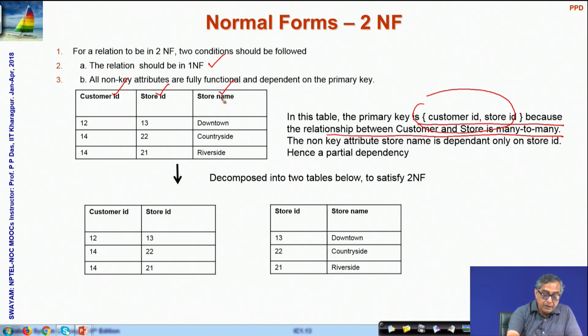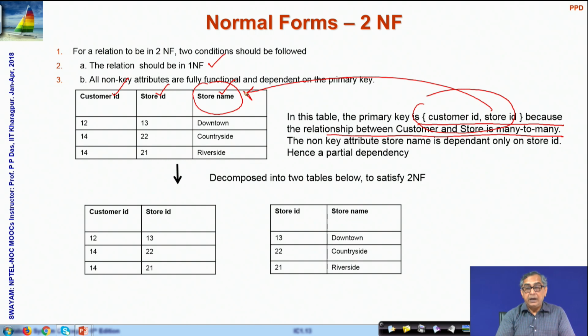Now, the third attribute, store name: I can expect that store ID will decide the store name. If I know where the store is, then I will uniquely know the name of that store, that particular franchisee. So, there is a direct dependency. Store ID functionally determines this, but between customer and store there is a many to many relation, which means that this pair of customer ID and store ID will be the primary key of this relation.